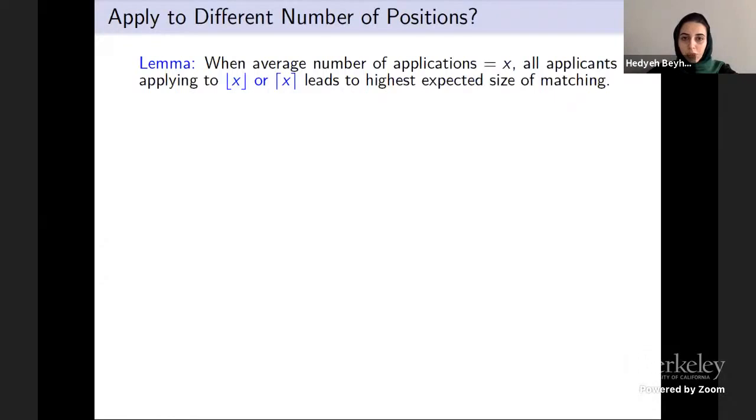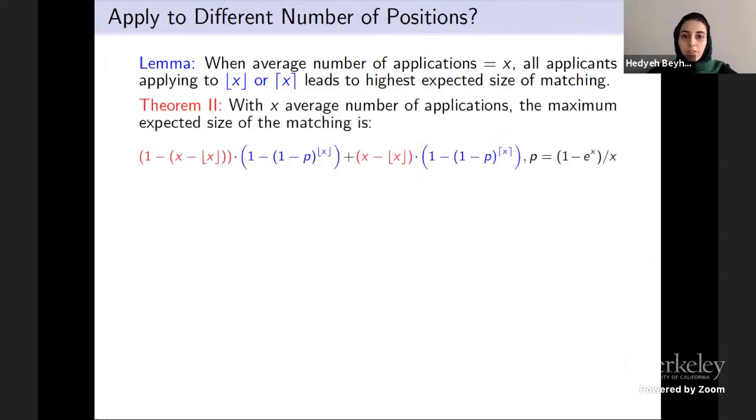So first, we show that given any average number of applications x, it is best to let a group of people apply to floor x number of positions and the rest apply to ceiling x. Basically, the largest size of matching happens when either all the applicants are applying to the same number or they apply to 2 consecutive numbers.